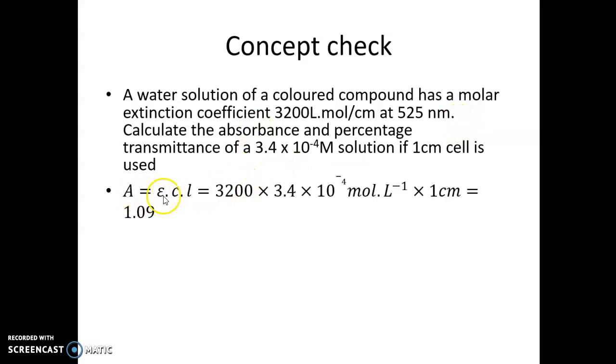So we know that absorbance is epsilon C L, which can easily be calculated given the concentration, 3.4 times 10 molar concentration in a 1 centimeter cell. So this is given in centimeters, so we can retain this unit rather than converting it to the SI unit.